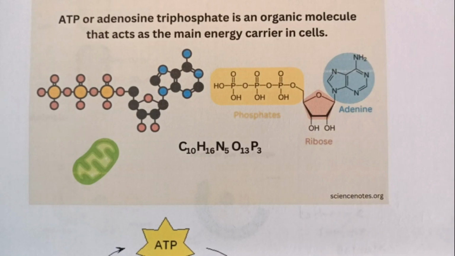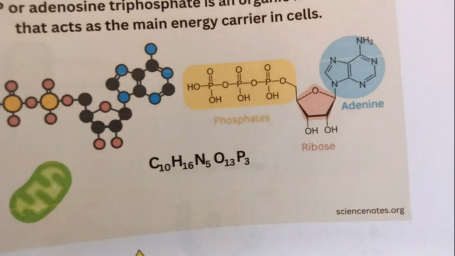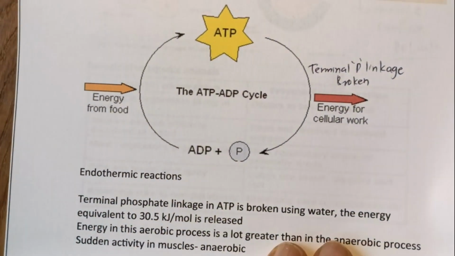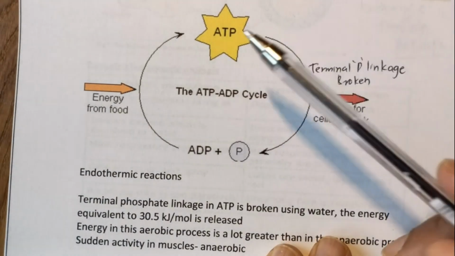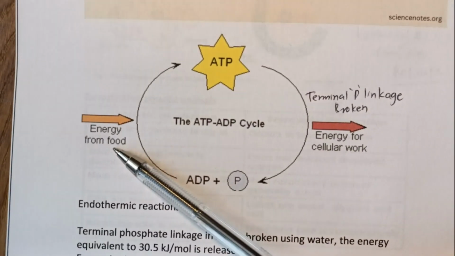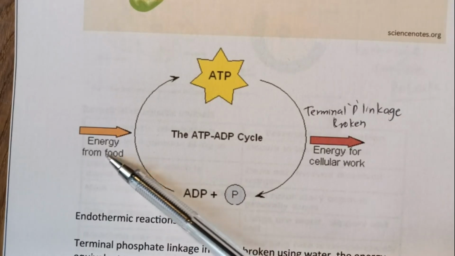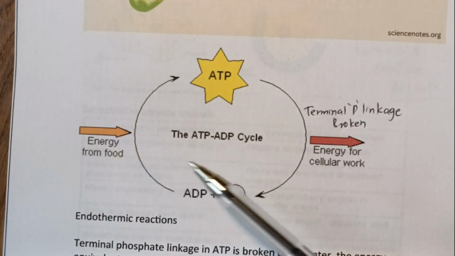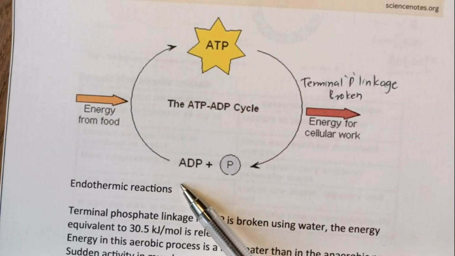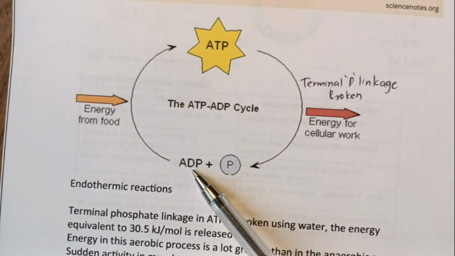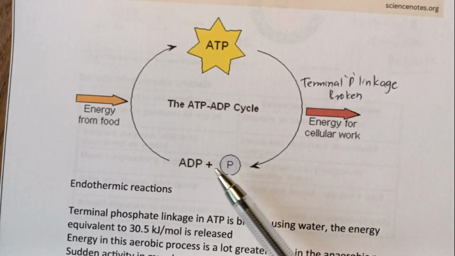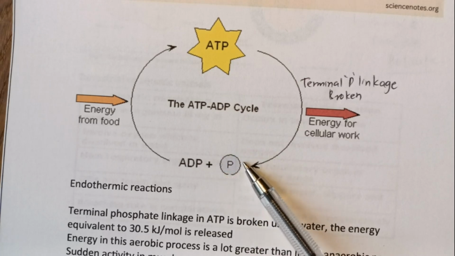So let's go into a little bit more detail of this ATP. As I mentioned, the energy released during respiration is used to combine ADP, adenosine diphosphate, and a phosphate.